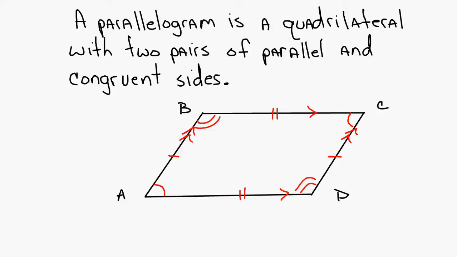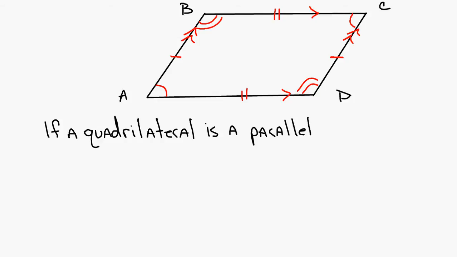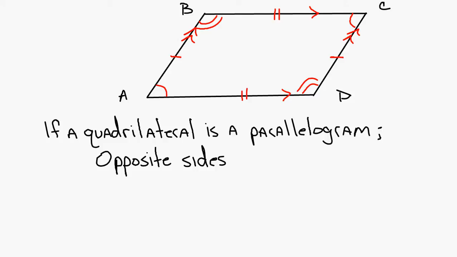All right, so let's start these rules off with: if a quadrilateral is a parallelogram, then after that, we have 4 rules to follow. Opposite sides are congruent. Opposite angles are congruent.